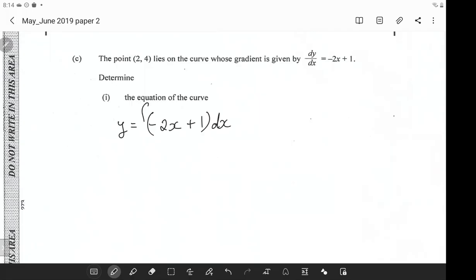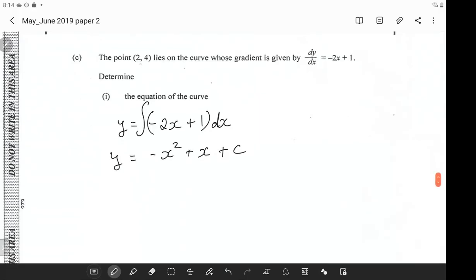So what do we get? We get negative 2, and if we add 1 to the x power and divide by the new power, we get negative x squared, as the 2s cancel. And the integral of 1 dx is just x. Then we have our plus c.